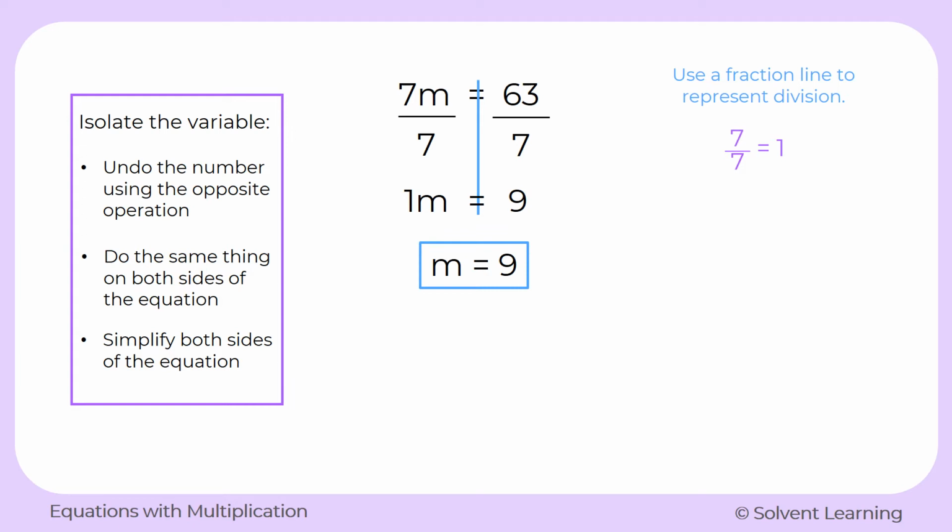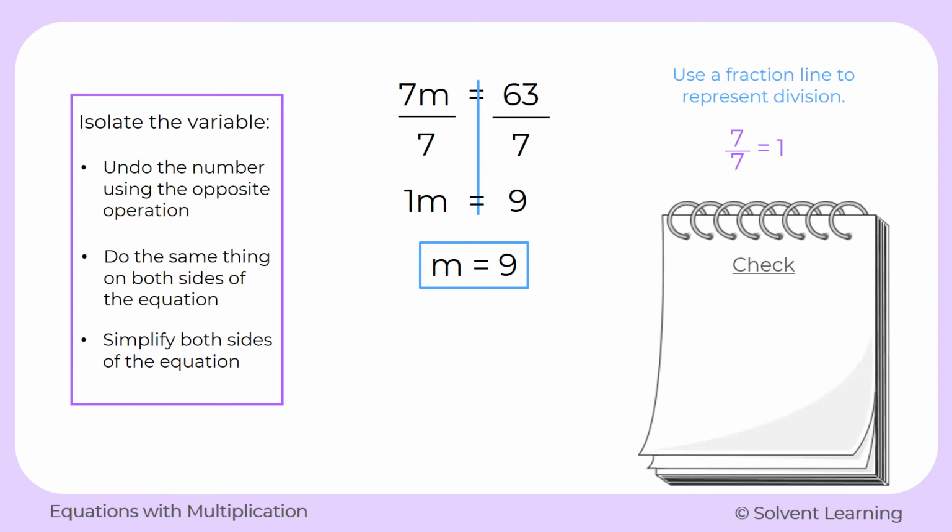So this simplifies to m equals 9. And now we can tell that our equation is solved because we have those 3 parts. We have the variable by itself on one side, an equal sign in the middle, and a number on the other side. But before we move on, let's check and make sure that our answer is correct.